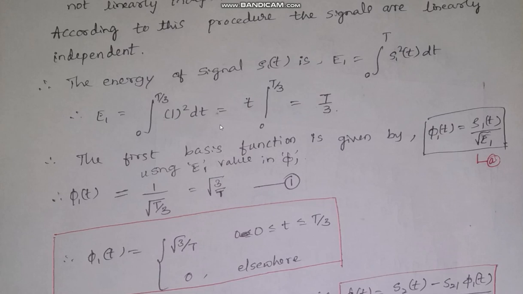Okay, now what we have, the first basis function, it is given by S1 of t by square root of E1, correct? So we substitute S1 of t value, which is 1, E1 value, which is T by 3, square root of T by 3 over 1.